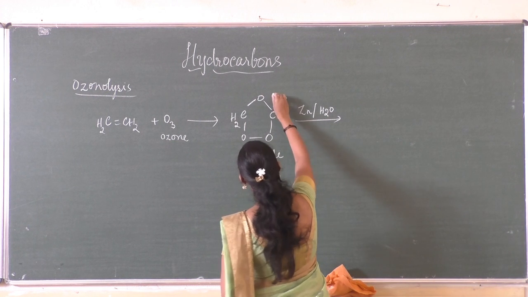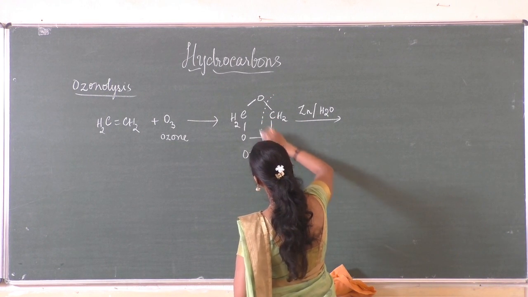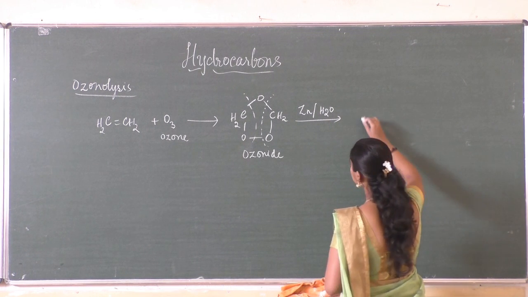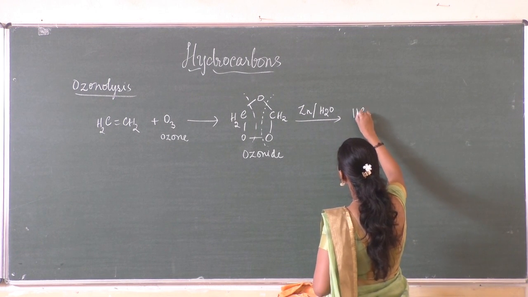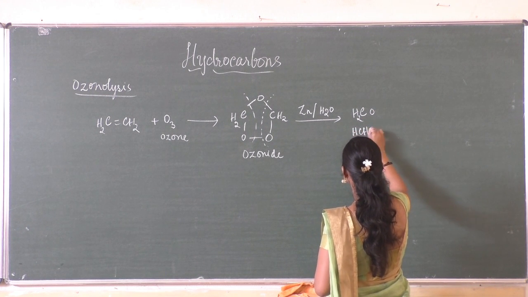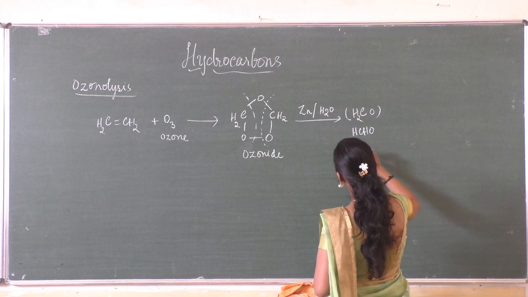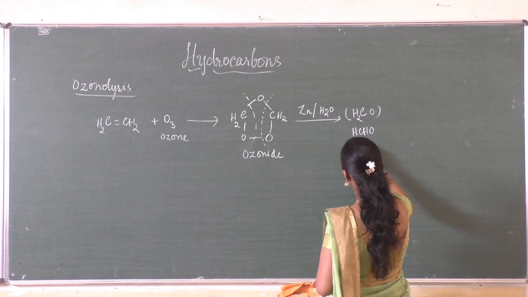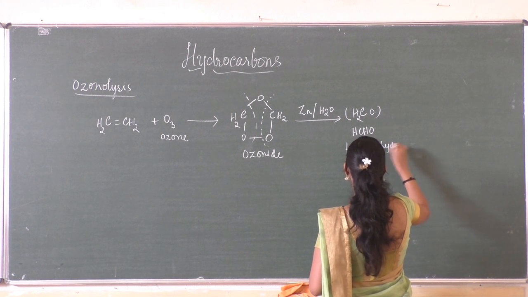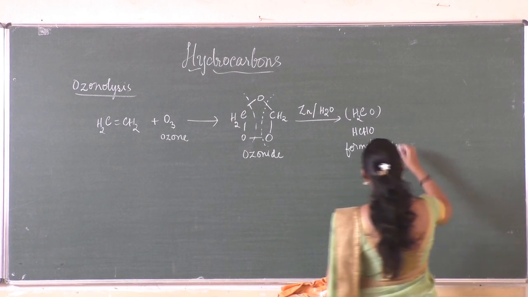So the bond between these two cleaves and these two cleave, so it forms CH2O, which is nothing but HCHO. The name is formaldehyde. This is the common name, or else it is methanal.